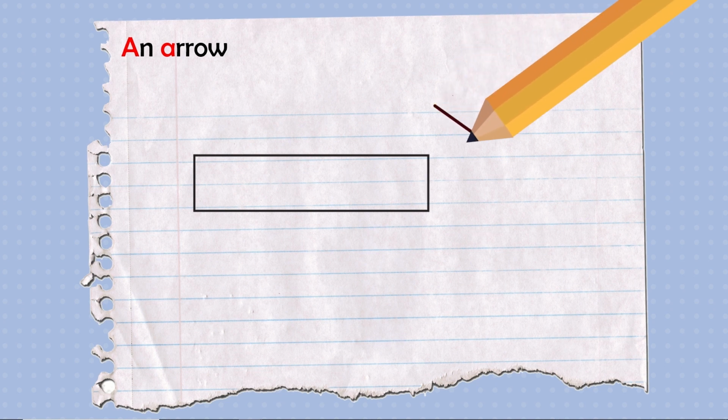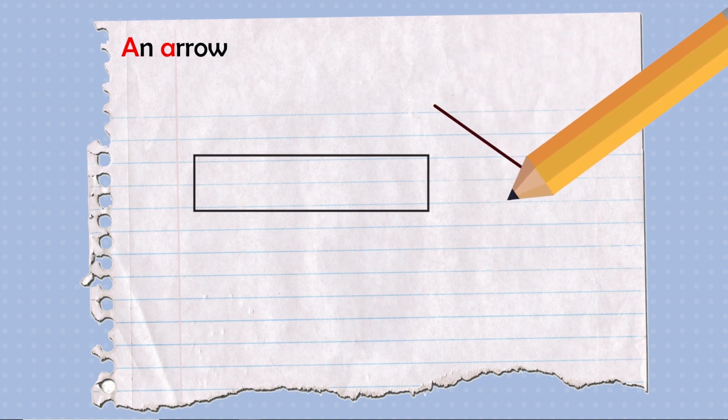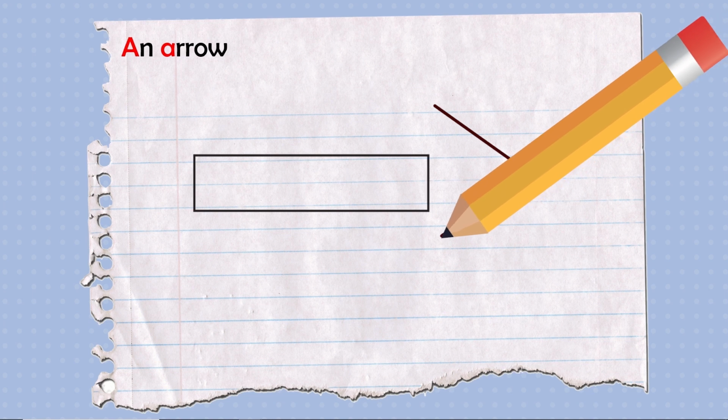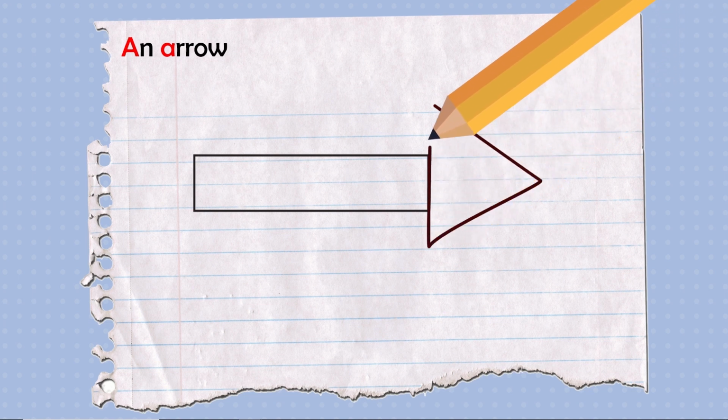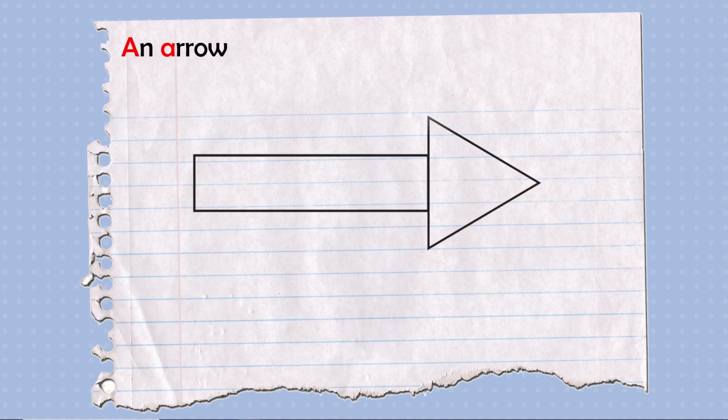Then we draw a triangle as an arrow's head. And color it in. Here's your arrow.